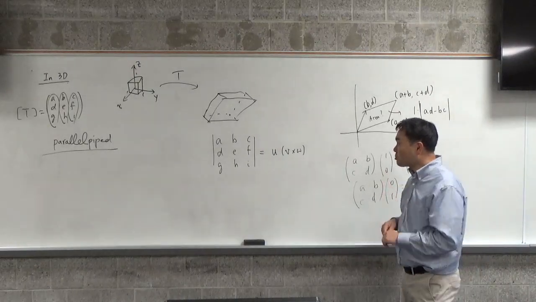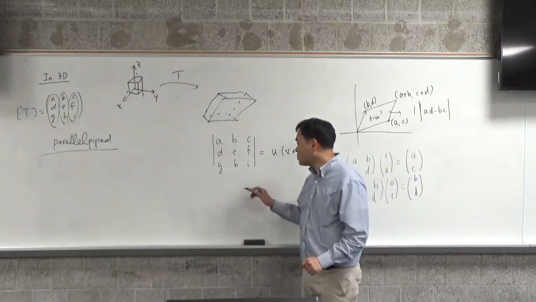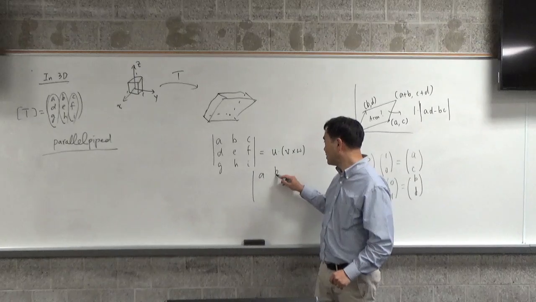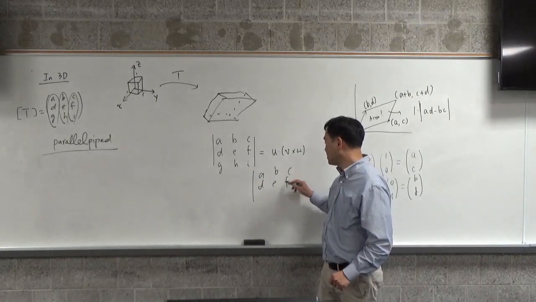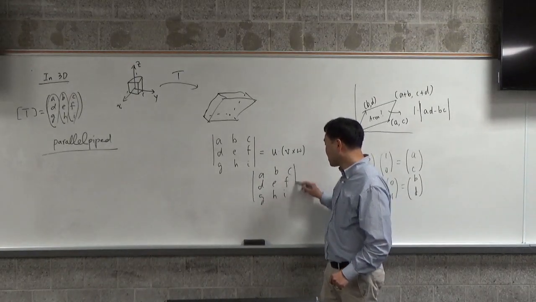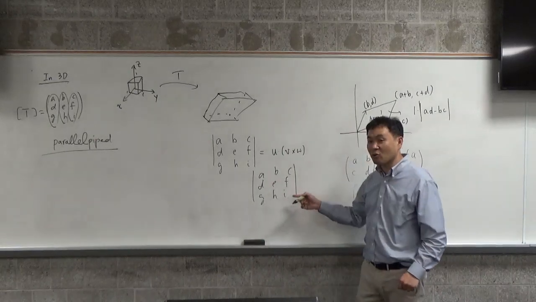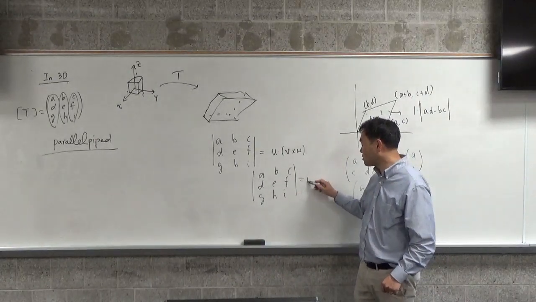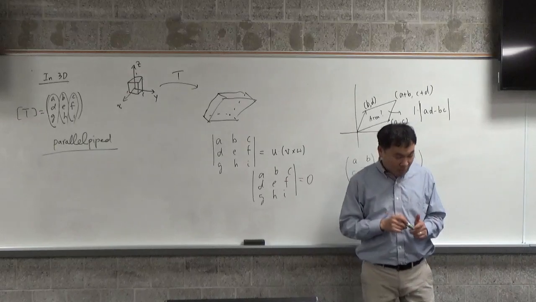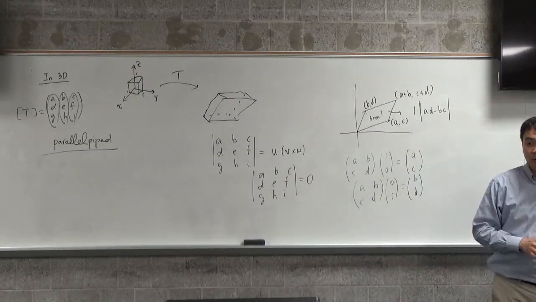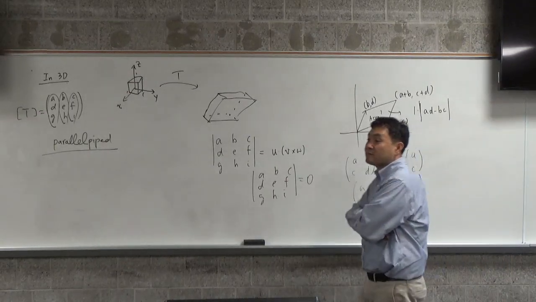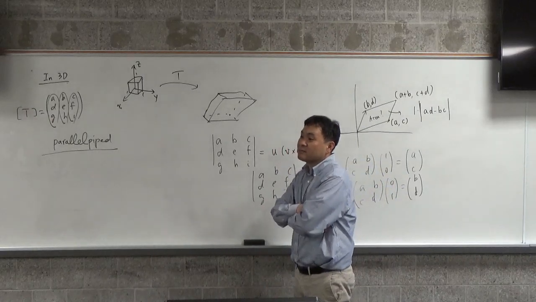Oh, and there's one more thing I want to say. This is something that we learned in Calc 3 as well. If you calculate this triple determinant and get 0, what do we know about these three vectors? Orthogonal?